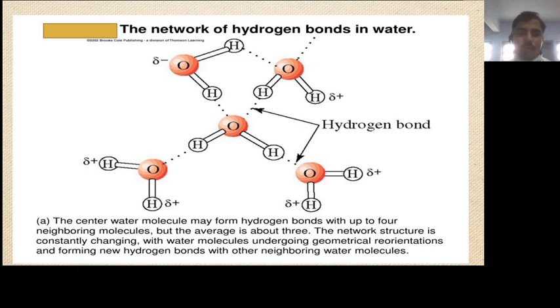The average number of the surrounding water molecules is 3. The network structure is constantly changing, with water molecules undergoing geometrical reorientations and forming new hydrogen bonds with other neighboring water molecules.